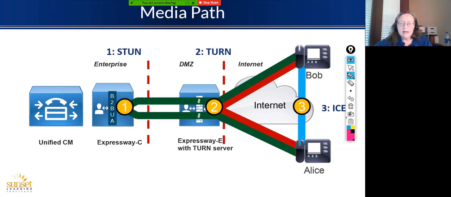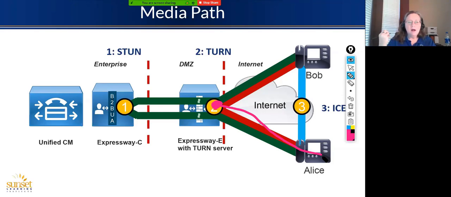Mobile remote access allows my Jabber client, or in this case a hardware device, using DNS, to discover that it has the ability to connect to this Expressway E. And it sets up an encrypted communication using certificates, because your Expressway E is going to have a certificate signed by a public certificate authority.